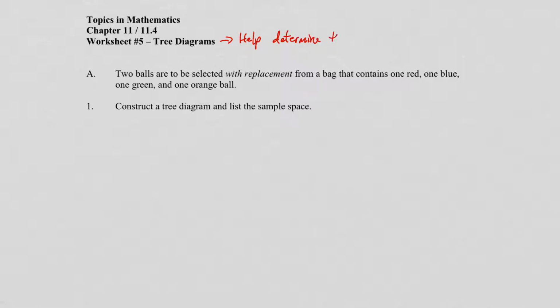Tree diagrams help determine the number of possible outcomes in an experiment.